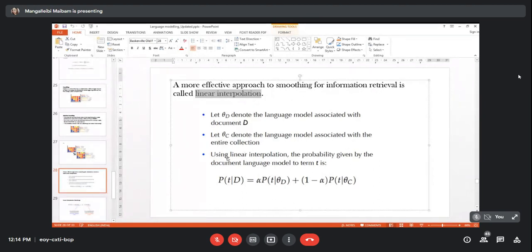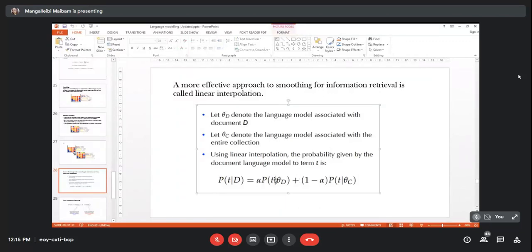So using the linear interpolation formula, the probability is given by this formula down here, probability for the term in the document. So alpha, we use a constant value here, a tuning parameter. Then probability for the term in the document, and this is probability for the term in the entire collection, the second part.